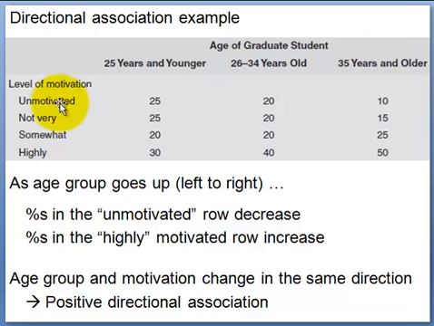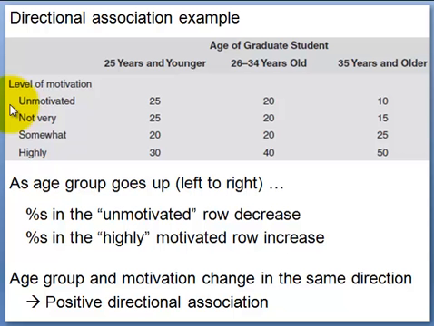That's directional change. And as we go from the top row towards the bottom one, motivation level is going up. So we've got two ordinal level variables. That means potentially, not necessarily, but potentially, there's a directional relationship between these two variables.